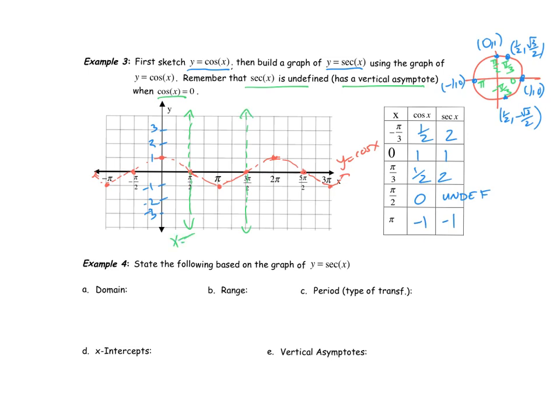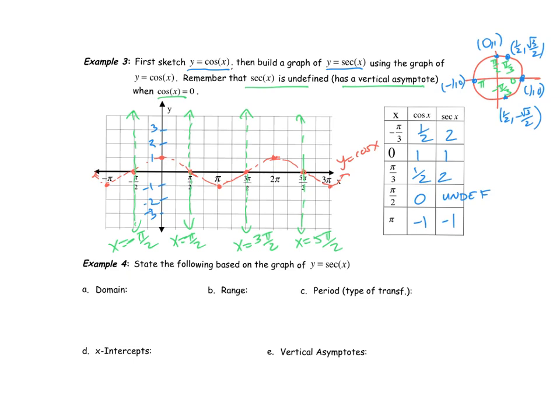So I'm going to have a vertical asymptote at x equals pi over 2, x equals 3 pi over 2. I'll have another one when x is 5 pi over 2. Again, these are values where the cosine function crosses through the x-axis or its midline. So x is negative pi over 2. So those are vertical asymptotes.